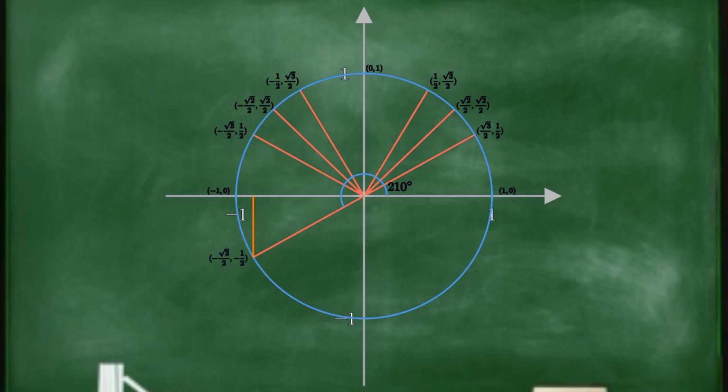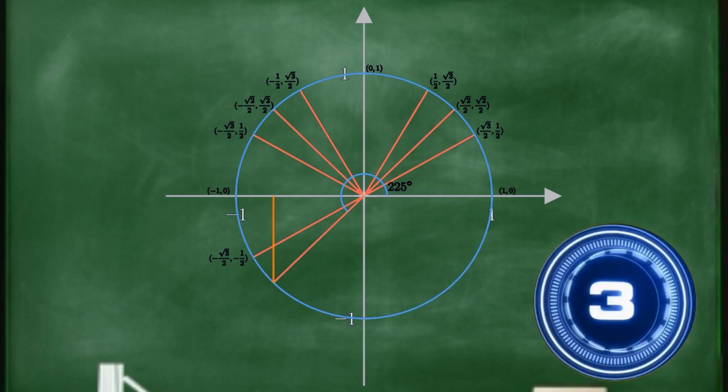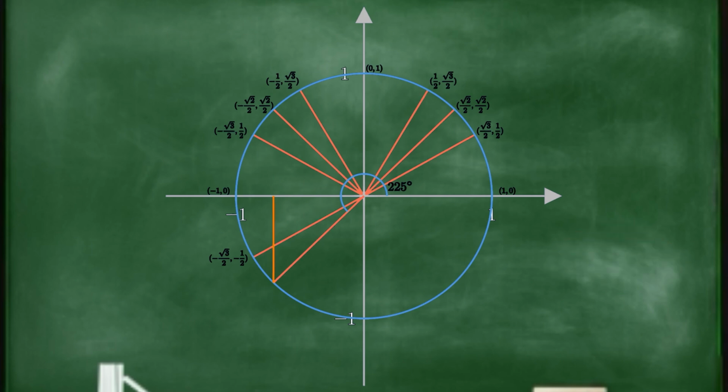Impressive. That is the negative square root of 3 over 2 and negative 1/2. Next. Amazing. Negative square root of 2 over 2 and negative square root of 2 over 2.